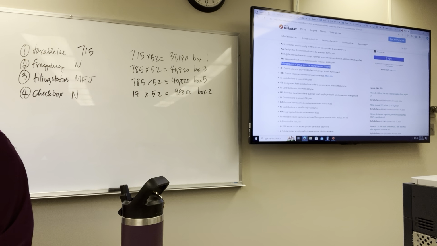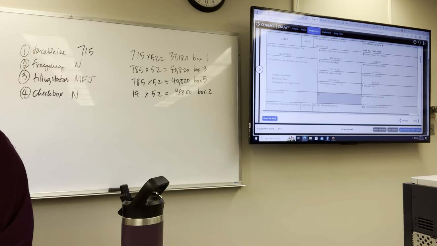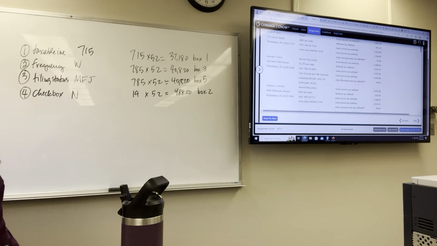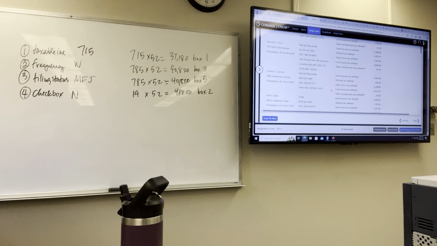So B, C and D, contributions to 401k plan. DD is cost of employer-sponsored health coverage. I don't think any of these problems, W-2s, have health insurance. They just have life insurance.